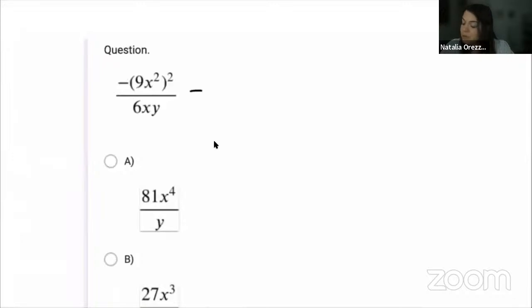So first thing we're going to do is simplify the top because we have a parentheses and we have an exponent in that parentheses. The negative is outside the parentheses, so we're not going to square it. But we are going to square everything inside. So 9 times 9 gives me 81.